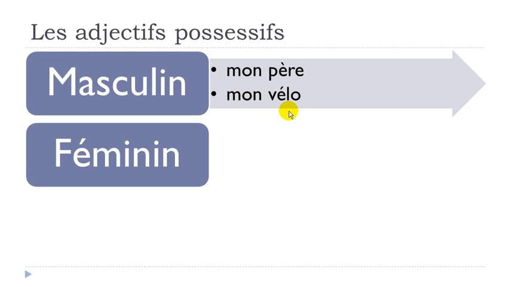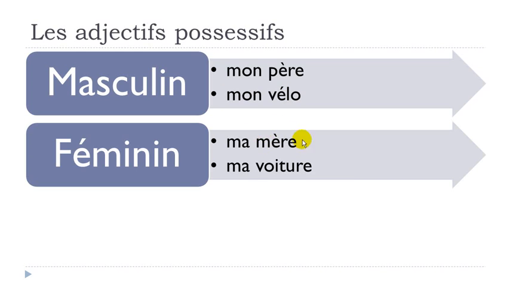All right, let's see now two examples for the feminine. Mother, mother is feminine, and then you will have ma mère. Ma mère, my mother, okay? Here you've got voiture, voiture means car, a car, and it's feminine, so une voiture. Same thing here, you will put the feminine form, ma voiture, okay?